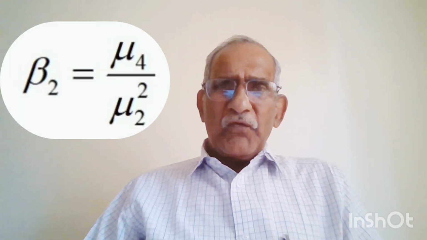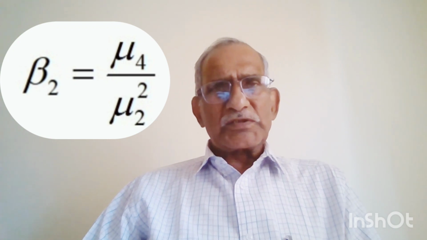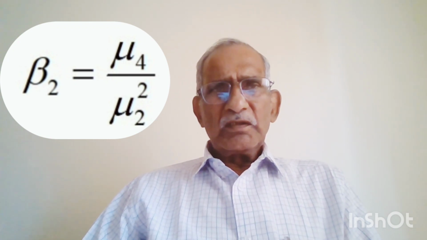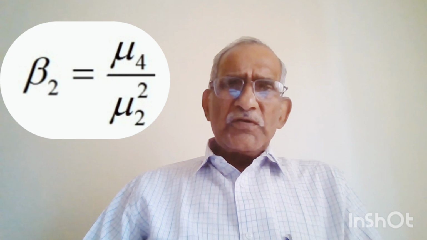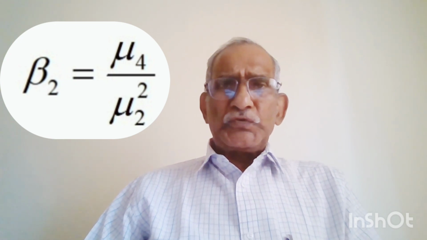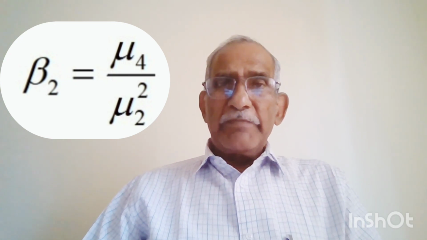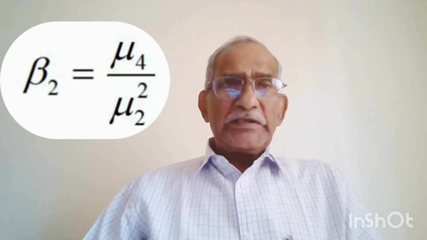Similarly, when only the fourth central moment mu4 measures kurtosis, then what is the need of defining a new measure beta 2 and making the measure of kurtosis more complicated?